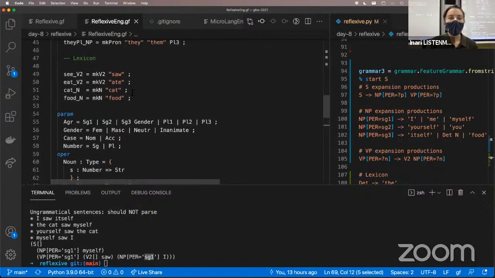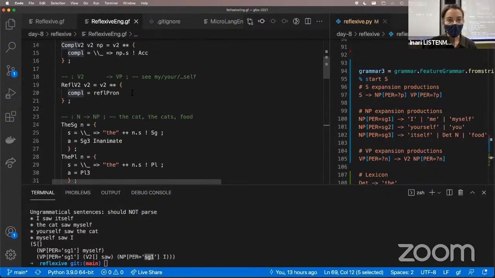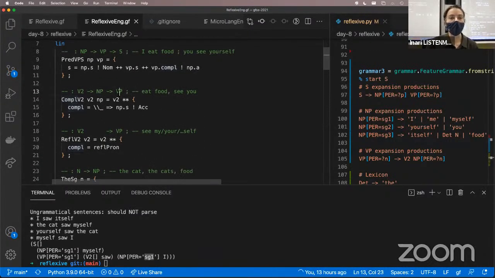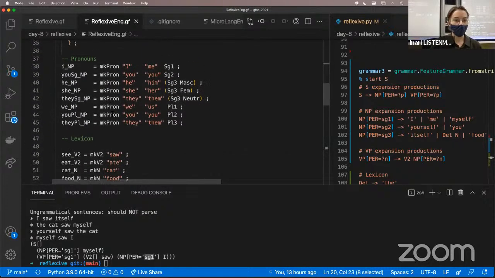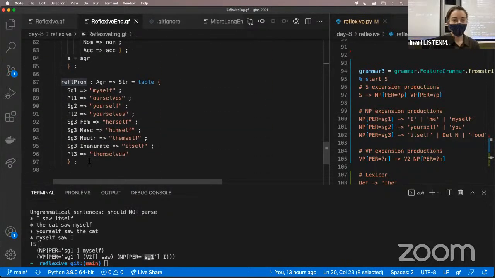And we have these two complementation functions that create the VP. This one keeps the V2 intact and adds a complement field. In this case, we completely ignore the agreement and just choose the accusative from the object noun phrase. But here we put this reflpron, which is the table like here.